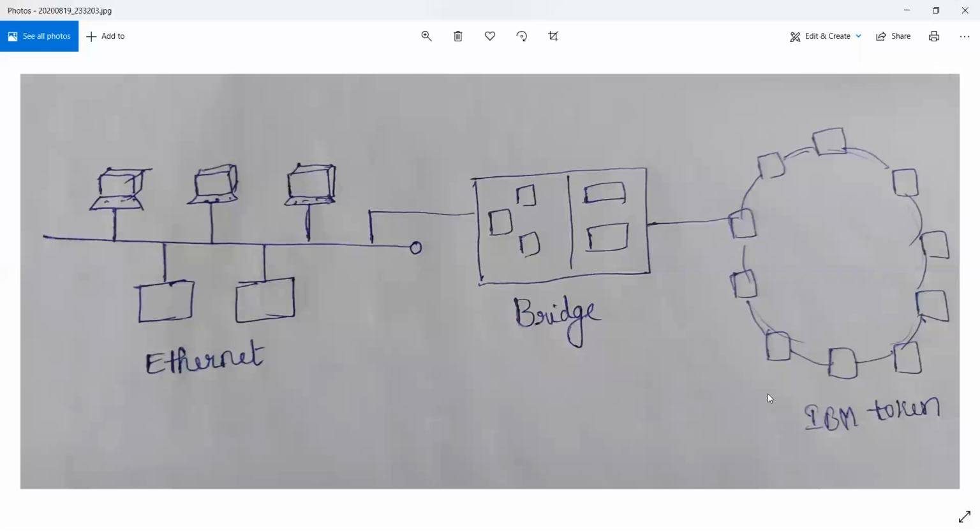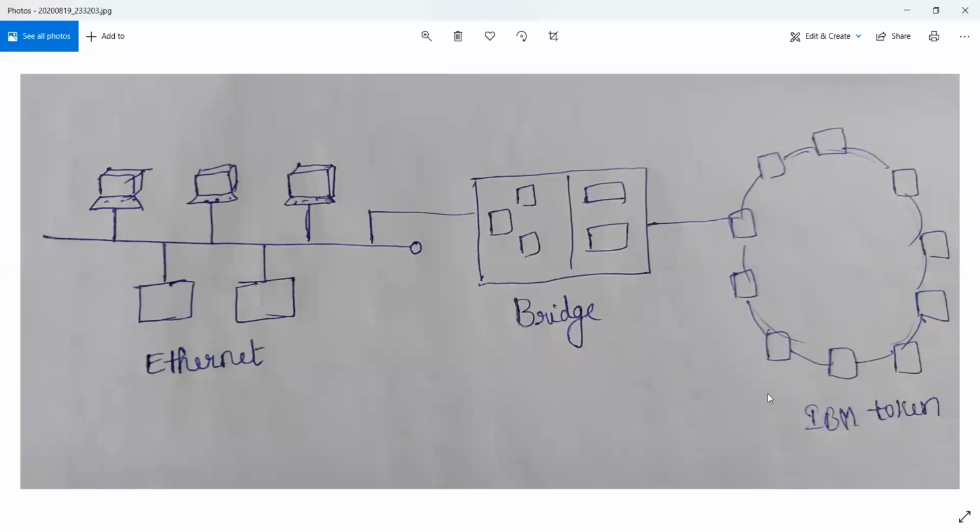Here, the bus topology is used in one building of the institution, and ring topology is used in another building in the same institution. This bus topology is connected to the ring topology by means of a central unit, that is a bridge. That bridge may be a switch, a hub, or a router.